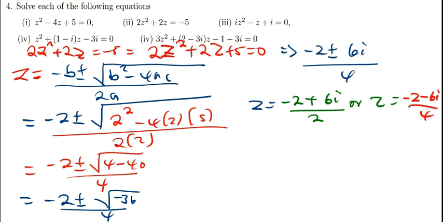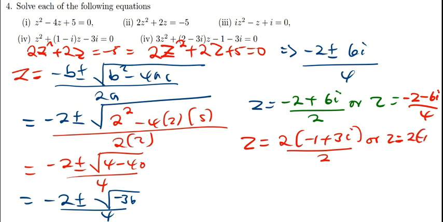Let's factor out 2 on top. Okay, let's factor out 2 and not negative 2. So 2 open brackets here will remain with negative 1 plus here 3i, like that. I divide this by 4, or z will be equal to, again I factor out 2, negative 1 minus 3i divided by 4, like that.